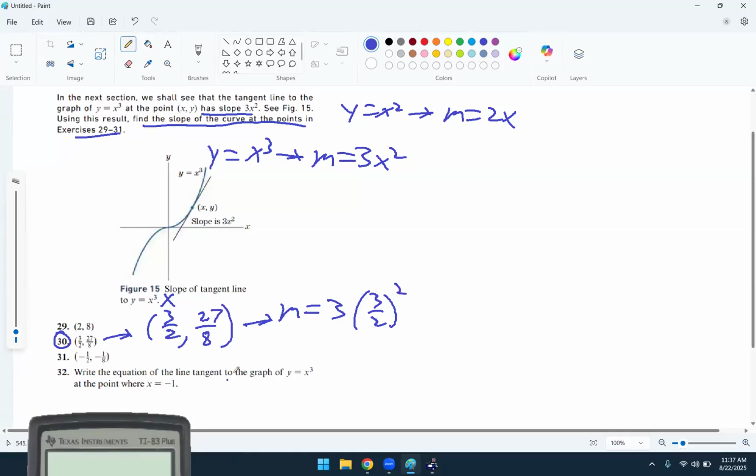Are you with me on that? So this is going to be 3 times 9/4, which is 27/4. So that's the slope of the tangent line at this point on this x cubed curve. Again, we'll figure out the slope formulas in general when we look at derivatives.